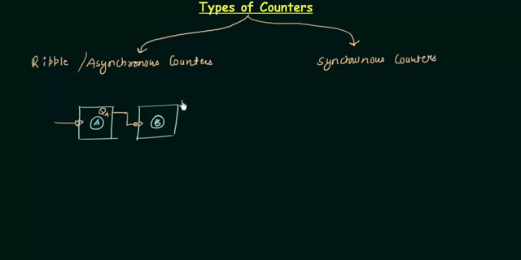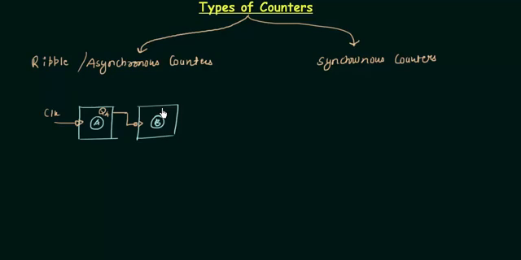In this case this is the last flip-flop, but you can also have 3 or 4 flip-flops. So this is my clock, it is given to the A flip-flop, and then the output of the A flip-flop acts as the clock of the B flip-flop. This is all that you have to keep in mind regarding the asynchronous or ripple counter.